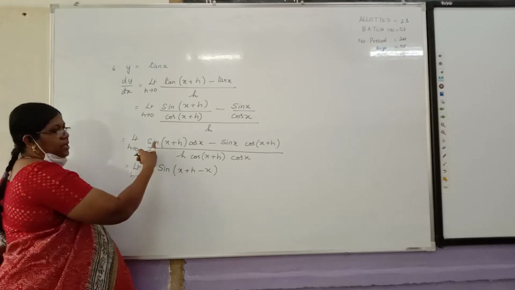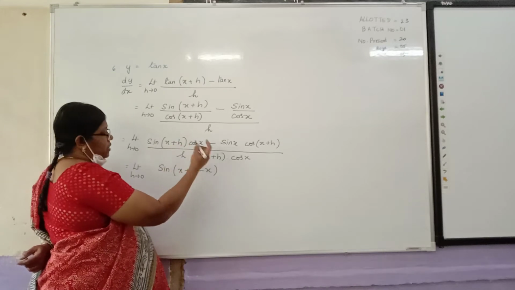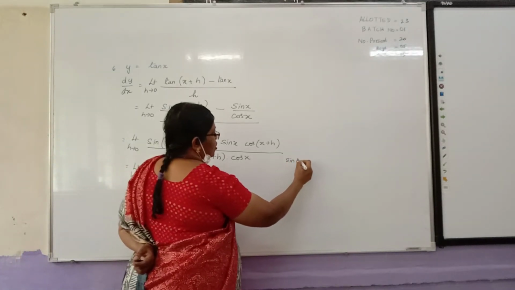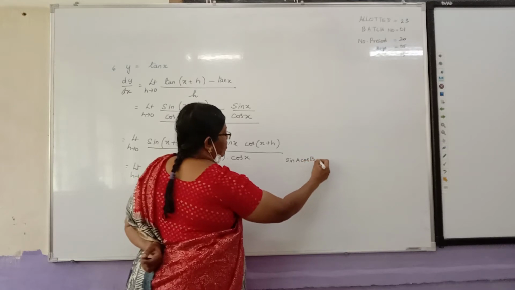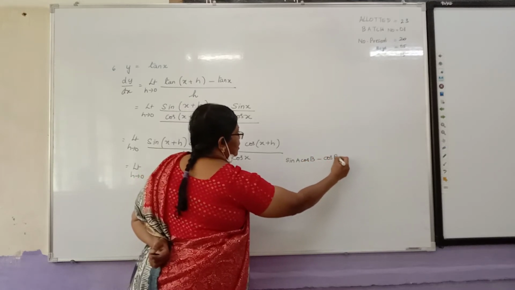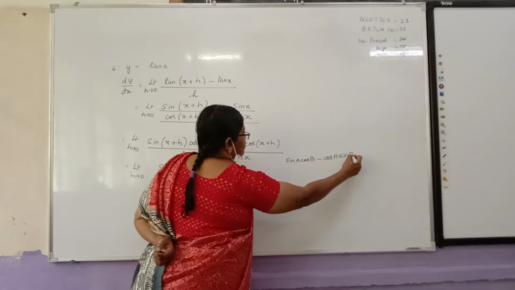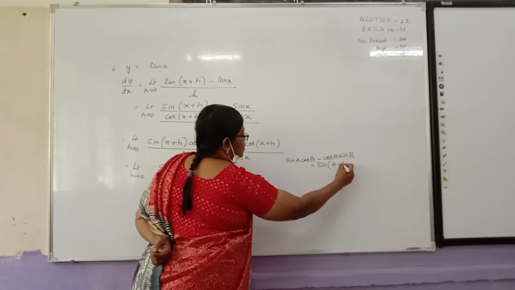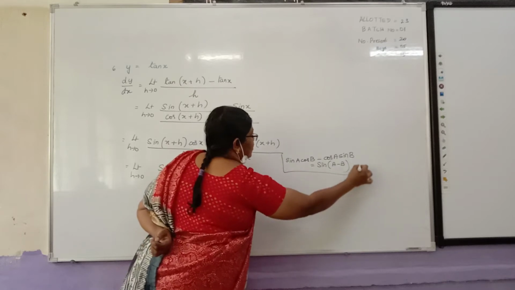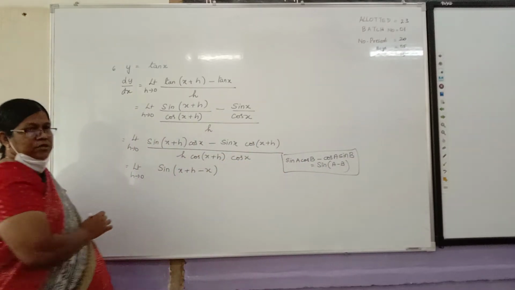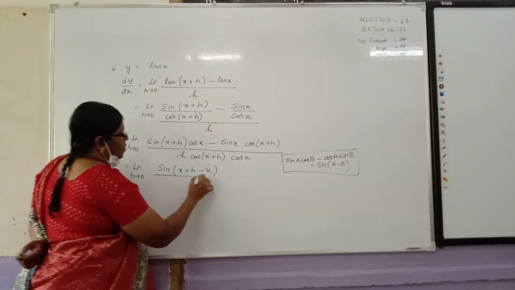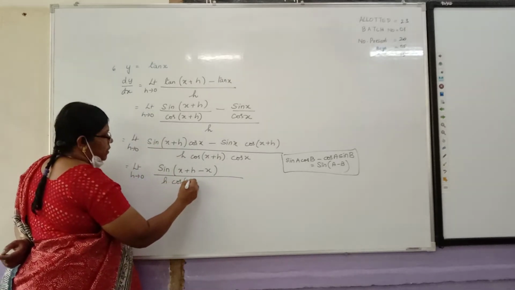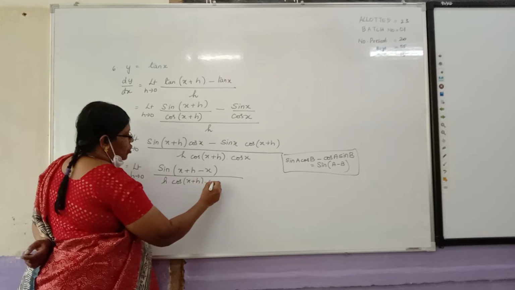Sin A cos B minus cos A sin B is sin of (A minus B). I am using this trigonometry formula here. Okay, so by h into cos (x plus h) into cos x.